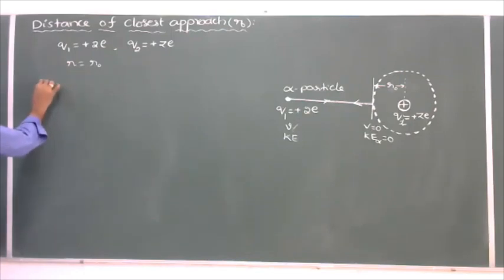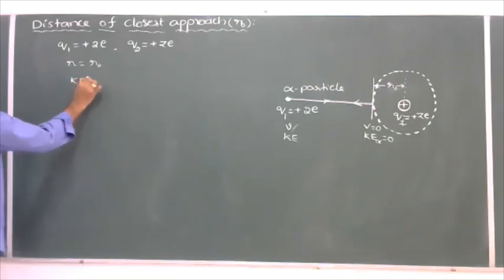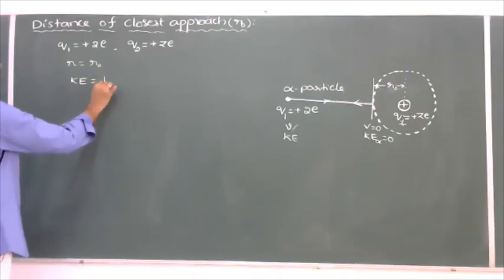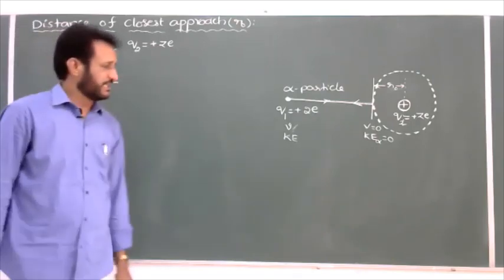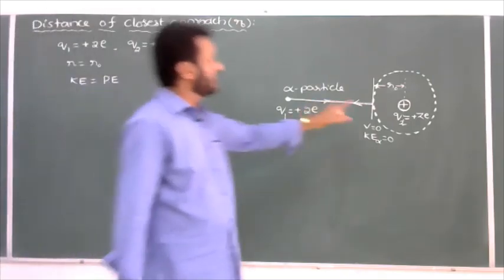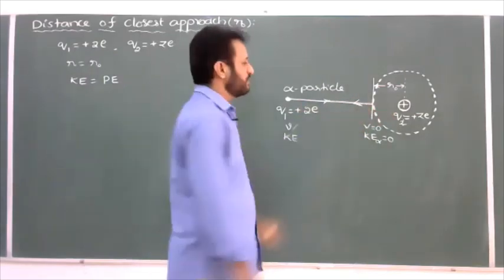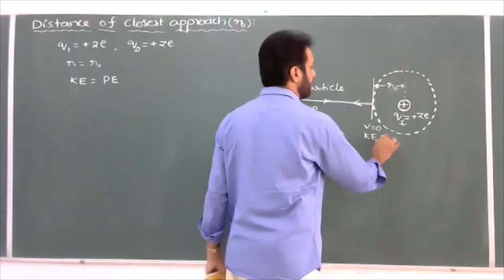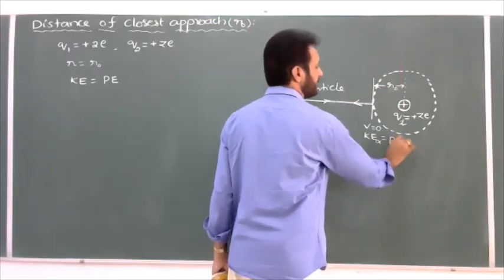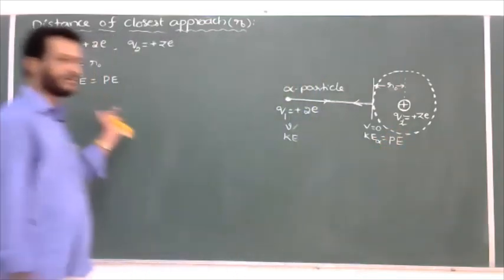Now when the alpha particle is moving towards the nucleus, at the moment we are calculating the distance of closest approach, the total kinetic energy of the alpha particle is converted into electrostatic potential energy. So KE will be equal to PE.